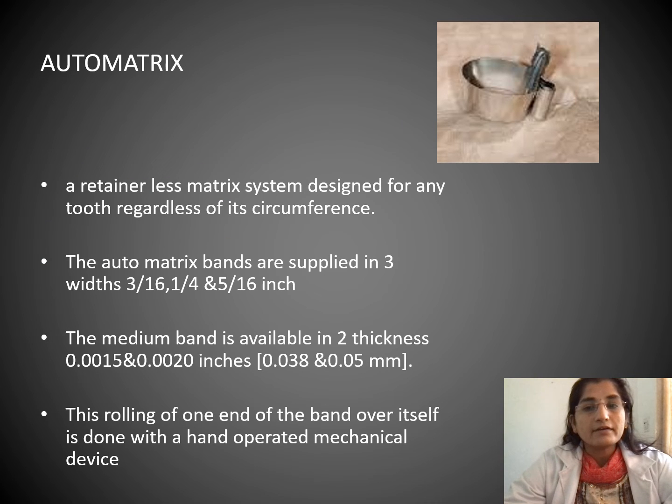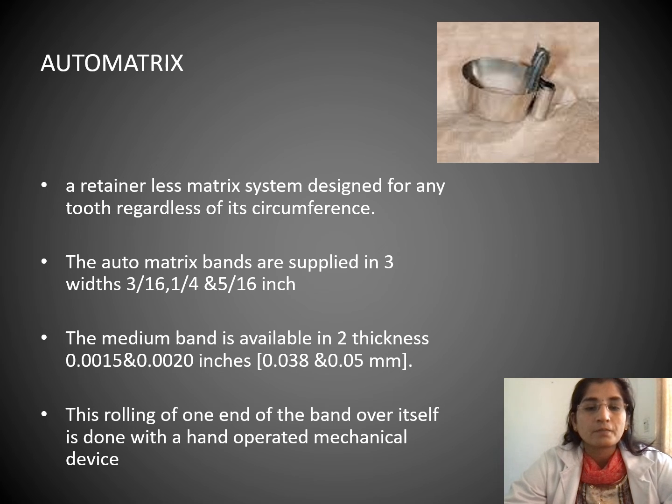Moving on to the auto matrix, again this is a retainer-less matrix system designed for any tooth regardless of its circumference. These auto matrix bands are supplied in three widths: 3/16, 1/4 and 5/16 inch. The medium band is available in two thicknesses of about 0.0015 and 0.0020 inches, or you can say 0.038 mm and 0.05 mm.